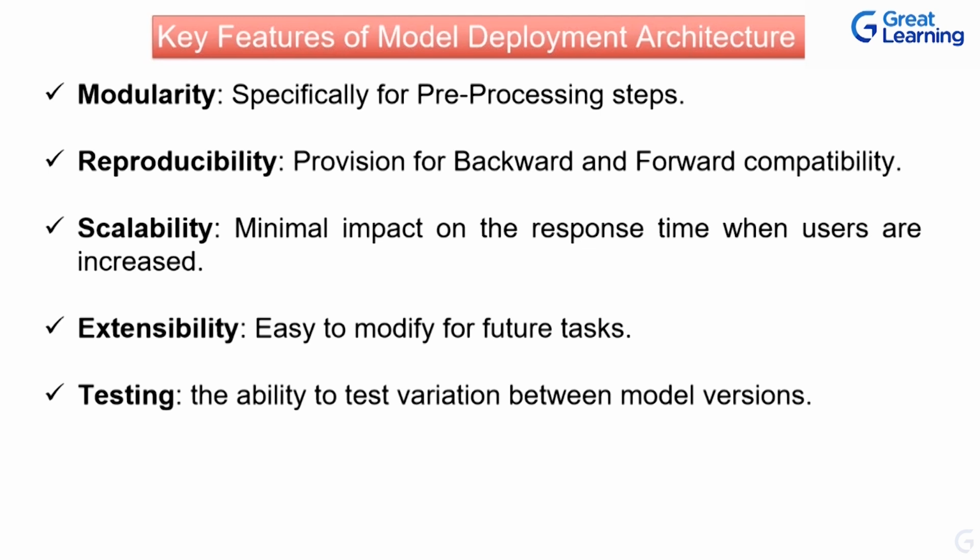Sometimes we just go back and look at the previous version which was deployed. That previous version could be related to certain different pre-processing steps which were done, or a different kind of features available on the dataset. So the ability of the model deployment architecture to manage these versions and provide an option to the organization to test the model on different versions is important.